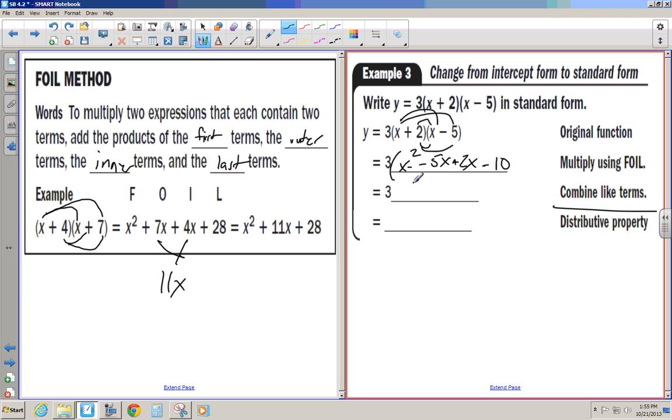So we combine like terms, and then at the last we use the distributive property. You put a 3 through, you get 3x squared minus 9x minus 30. Now it's in standard form.